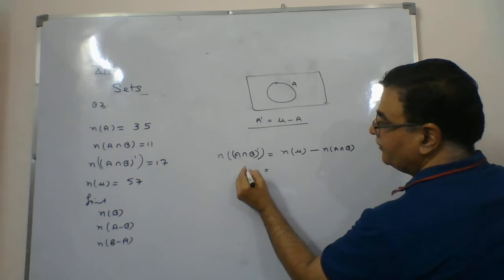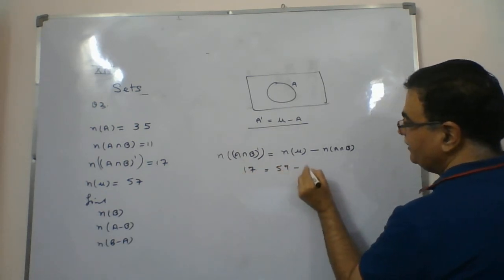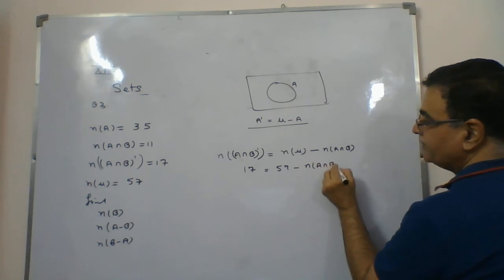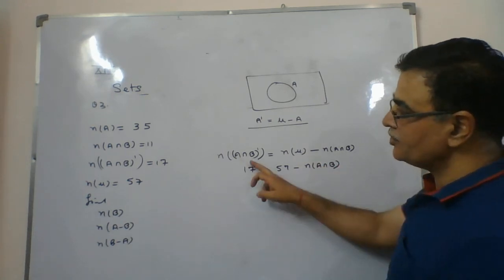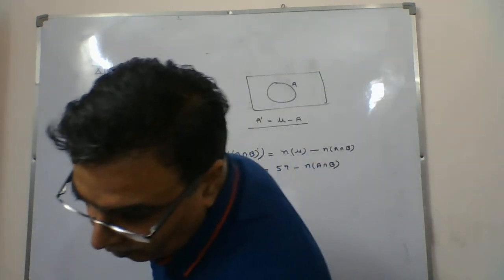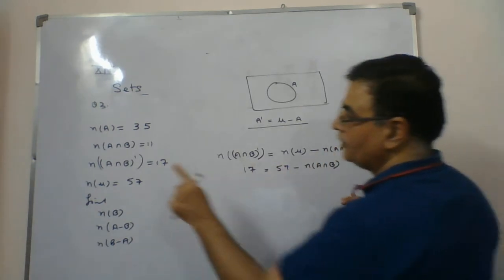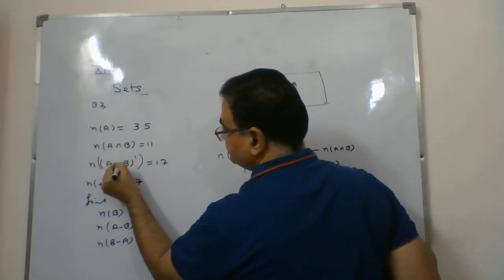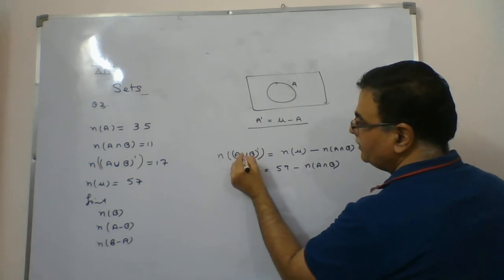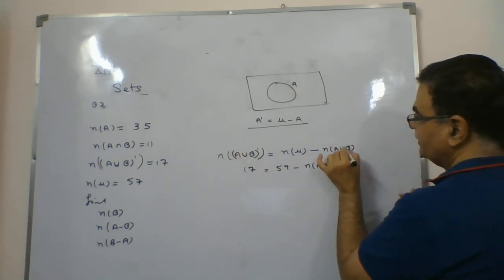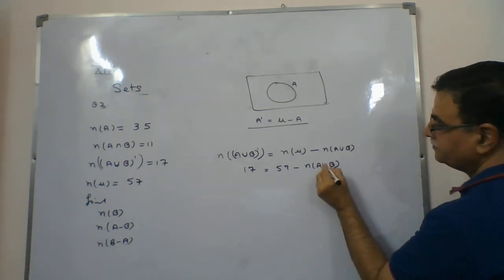This value is already given 17, universal is given 57. Just we'll check. Sorry, this is wrong we are doing. This is union given. So if it is union, then nothing is wrong. So here it comes out to be union.